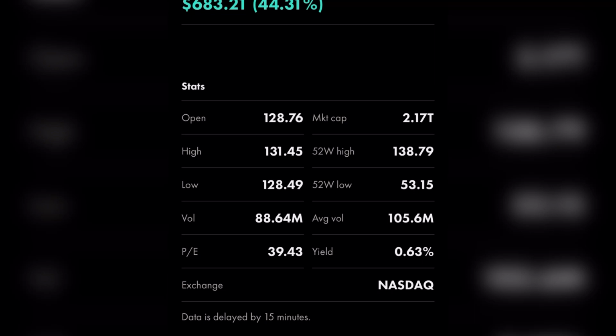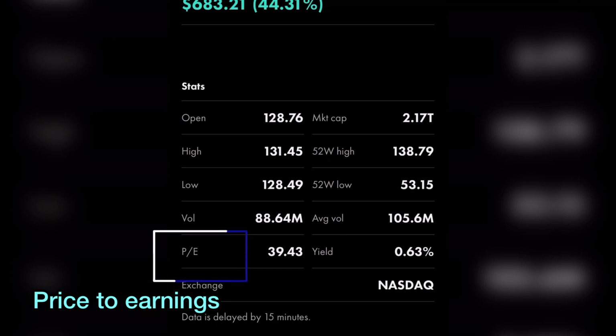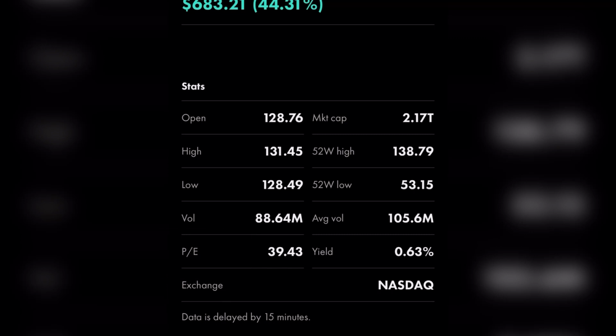Then the price to earnings ratio is the price of the stock compared to the earnings, how much profit it's making. It compares the price to how much money Apple has made. So 39 is a little bit high. People like to average between 15 to 30. Market cap is how much people have invested in Apple.